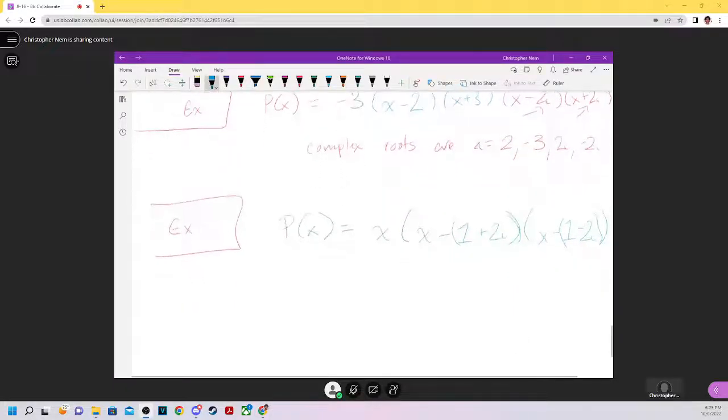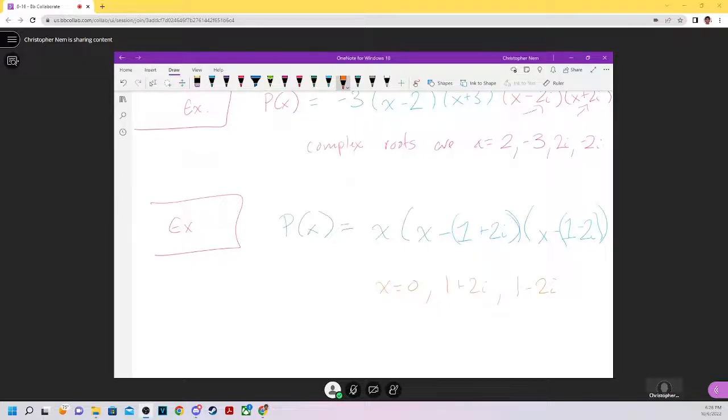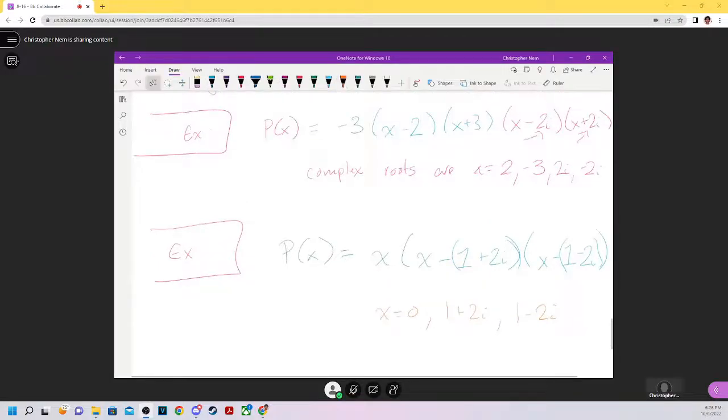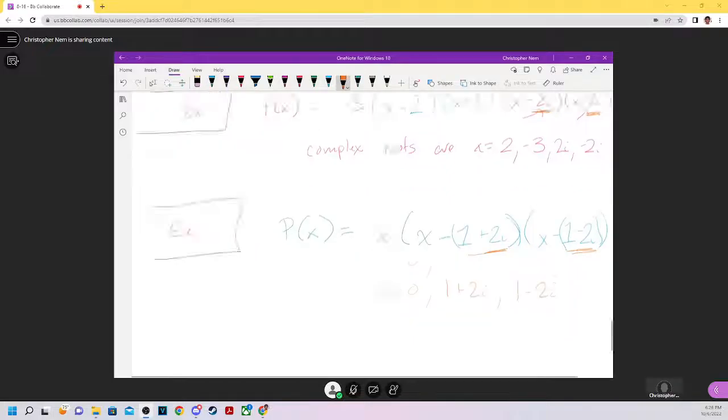In this case, my complex roots are x equals 0, x equals 1 plus 2i, and 1 minus 2i. Now, you'll notice something with these problems I did. Every time I listed a complex root, I always listed its conjugate. That's very important.